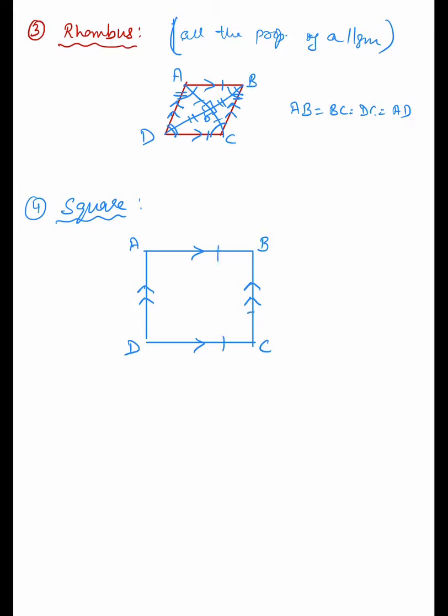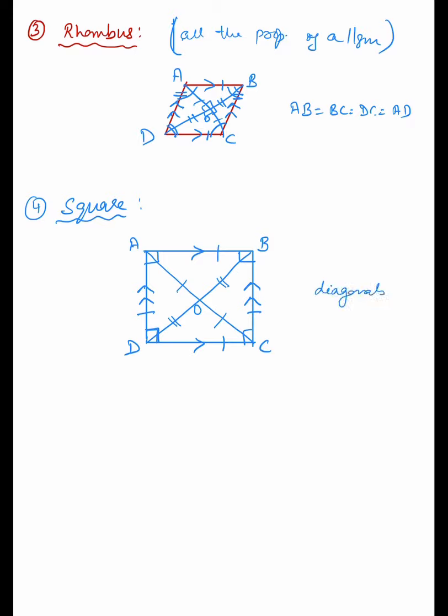Then opposite sides are equal, but as in the case of a rhombus, in a square also all four sides are equal. Then opposite angles are equal, and what is additional here? That all four angles are equal, and all are equal to 90 degrees. Then the diagonals bisect each other, so AO is equal to OC, OB is equal to OD. But one more extra property of the diagonals is that they are equal.